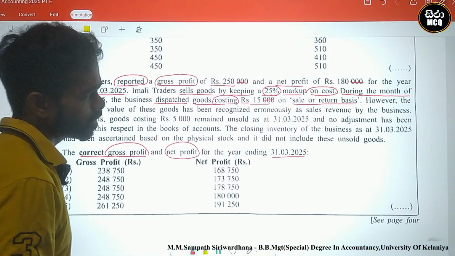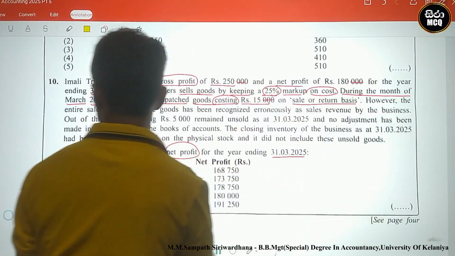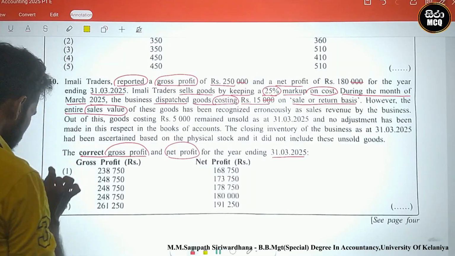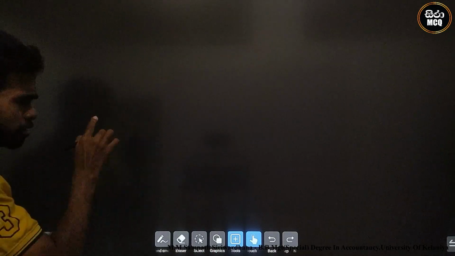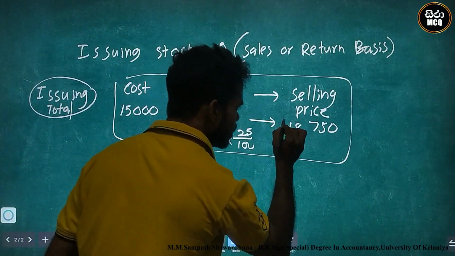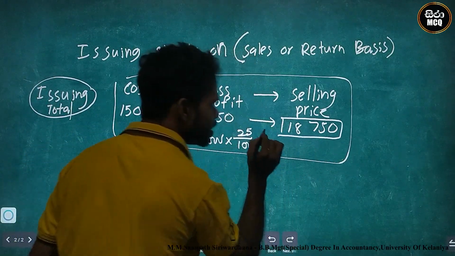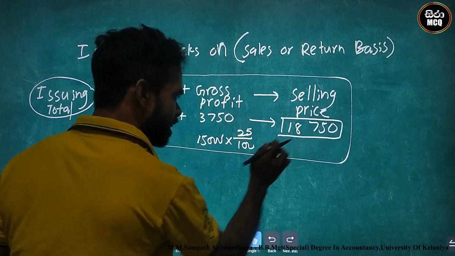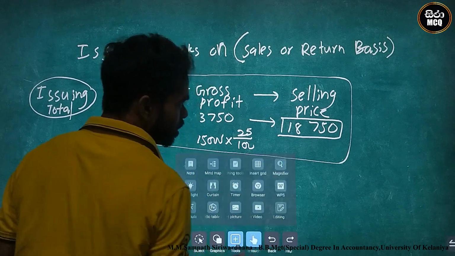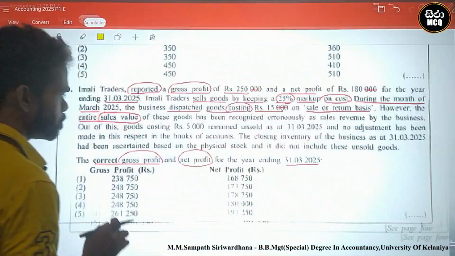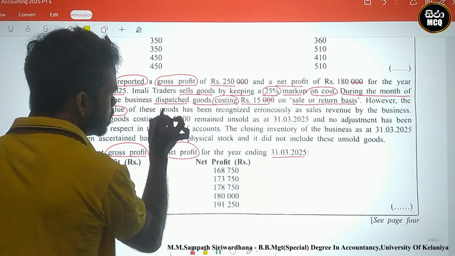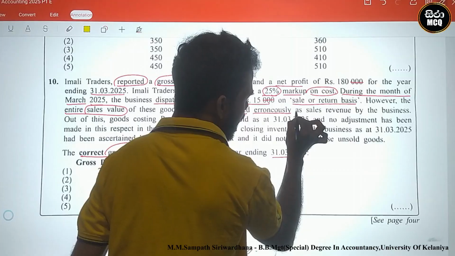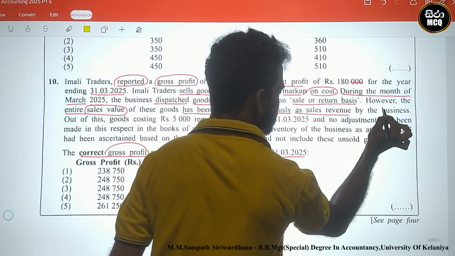However, the entire sales value, the total sales price of 18,750, of these goods has been recognized erroneously as sales revenue by the business.